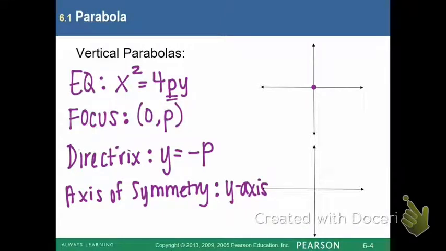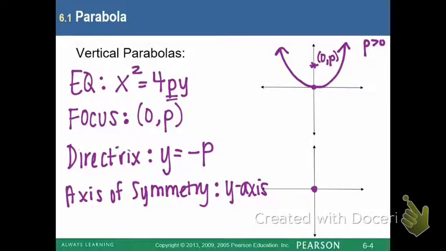Okay, so you can tell whether the parabola is going to open up or down based on the value of p. If p is positive, then it's going to open up. Okay, and so you're going to have your parabola that opens up like this. The focus is right here. Again, that's at the point 0p.